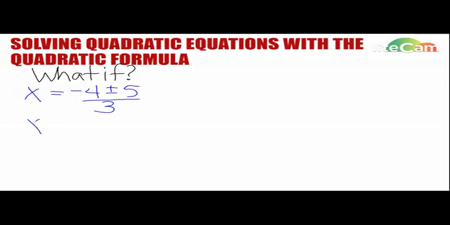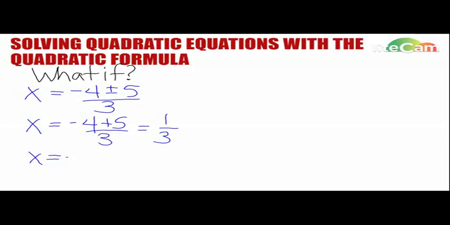Now what if you encounter some different types of calculations? Let's say, for example, you ended up with negative 4 plus or minus 5 divided by 3. I would have to calculate that. Since they're all whole numbers, calculate that twice.